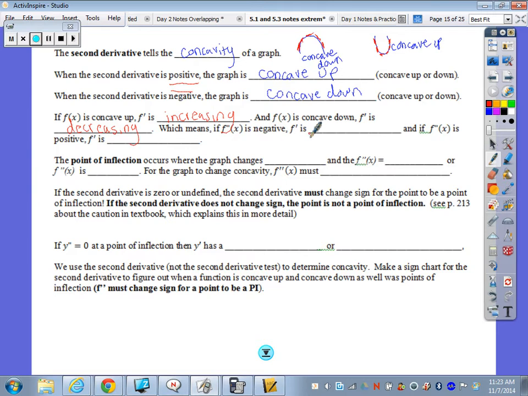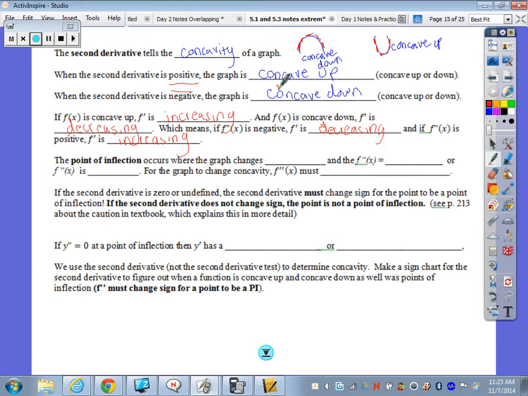That means that f prime is also decreasing. And if f double prime is positive, that means the original function is concave up, f prime is increasing. So when we're looking at the second derivative, we're looking at what's happening with the steepness of the slope, or the values for the slope. Are they getting bigger or smaller?